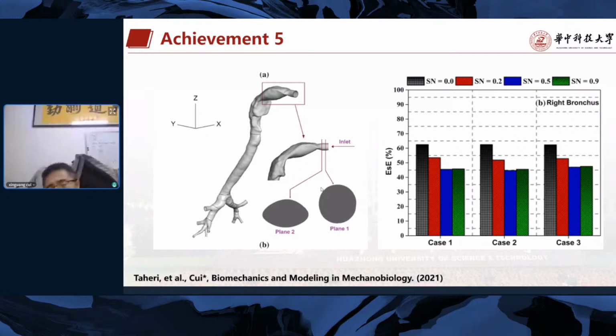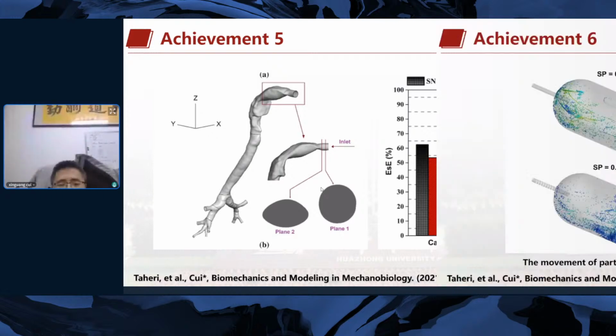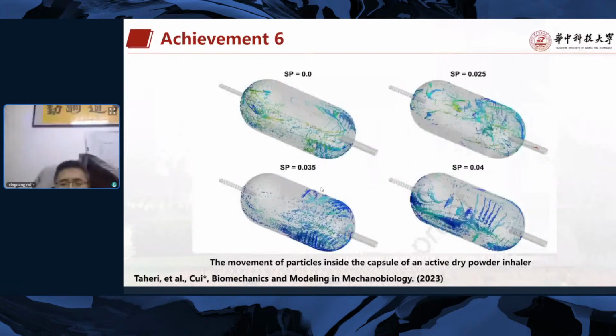Use suitable parameters, and also this capsule shape, which can help to enhance the drug delivery efficiency for the active dry powder inhaler.